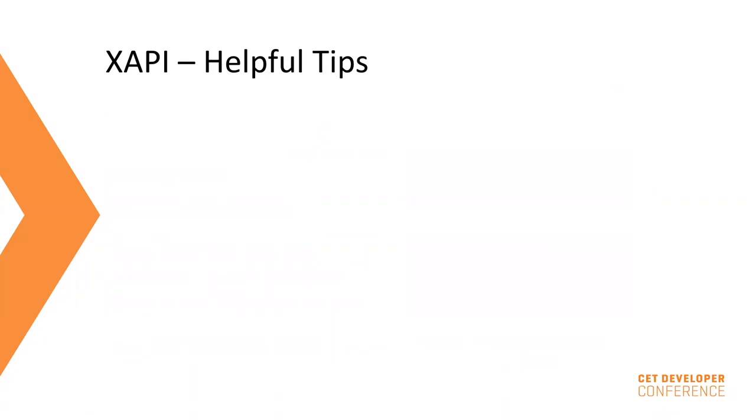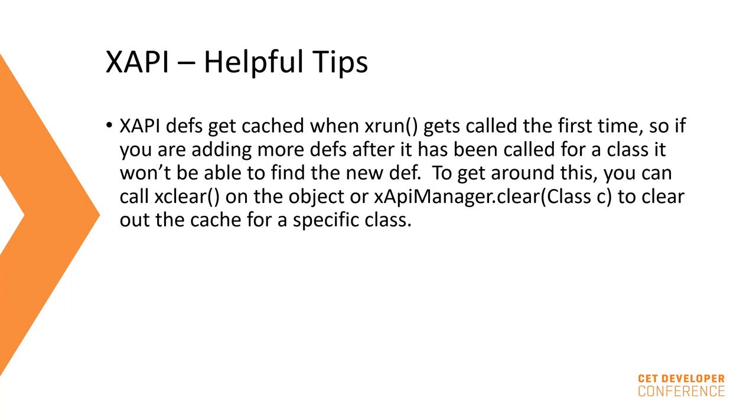So I'm going to give a couple little helpful tips on XAPI and from what I've seen using it. So thing to be aware of is that the XAPI defs get cached the first time you call xrun. So as you're developing, if you're adding more defs and xrun has already been called, it won't be able to find those defs.